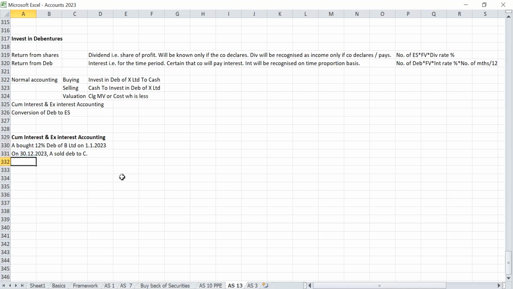Read the case again. A bought 12% debentures of B Limited on 1/1/2023. On 30/12/23, A sold debentures to C. What is the holding period for A? How many months is A having? 12 months, sir. Entire 12 months. But the company will pay interest on the year end.